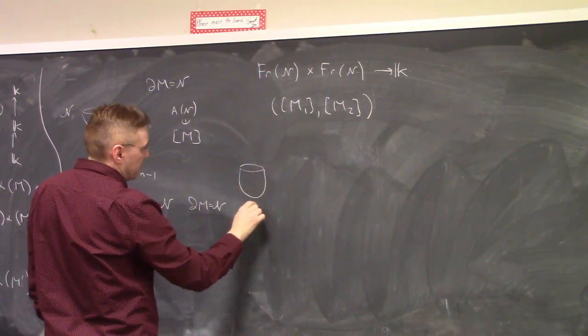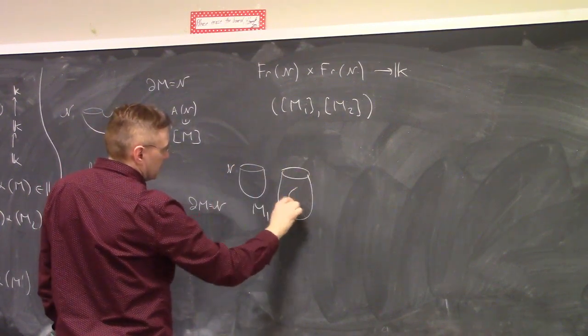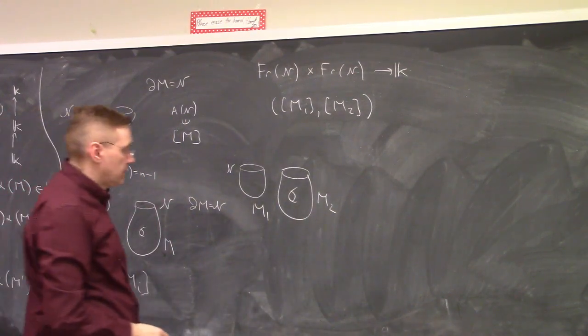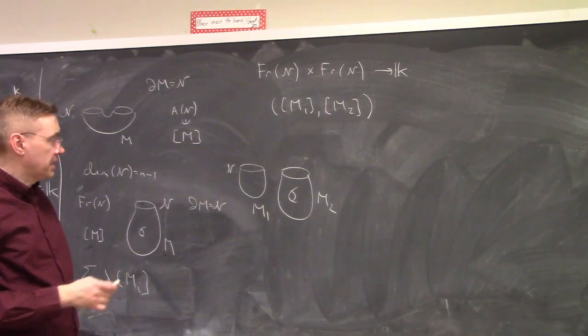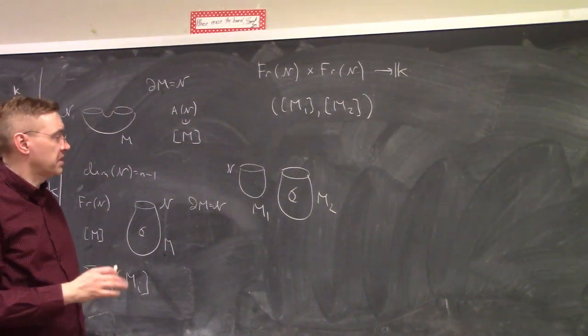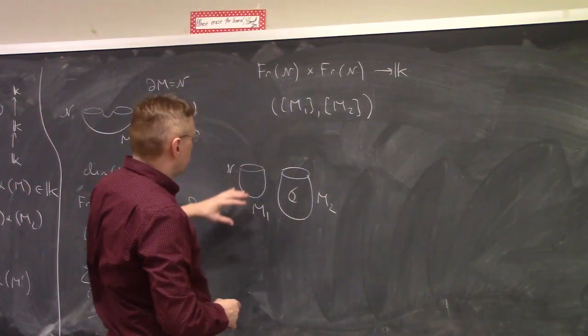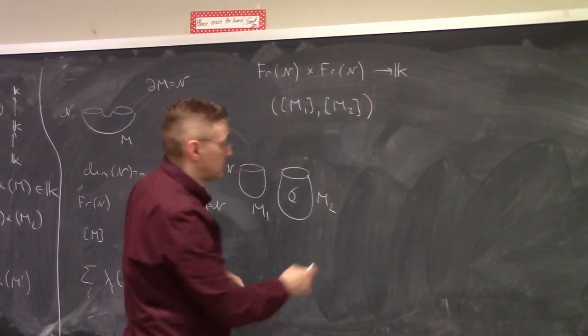I'll just draw it schematically, M1 and M2. And do you want diffeomorphism classes or just? It's not going to matter, but you can do either. So let us reflect M1 and glue it to the top of M2.